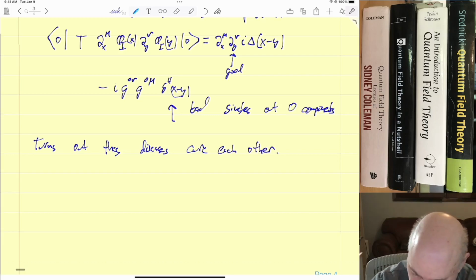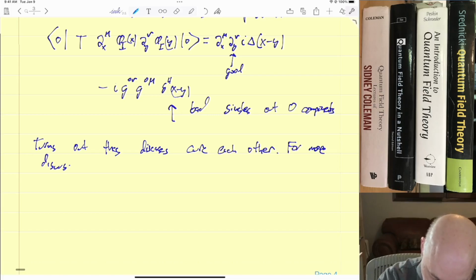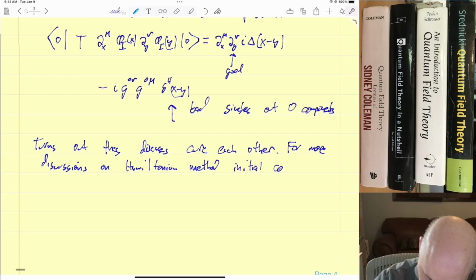And he goes through the whole discussion, for more discussions, on the Hamiltonian method, initial conditions, and gauge redundancy, etc. Read these chapters.